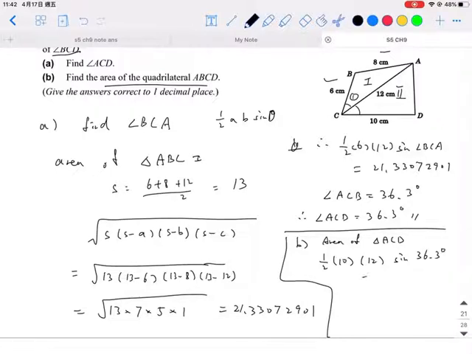And you will get 35 something. So the area of ABCD, which adds these two areas together, should be equal to 56.9 cm square, to 1 decimal place. Okay, so that's the end of question number 4.